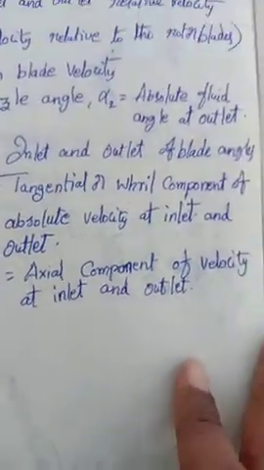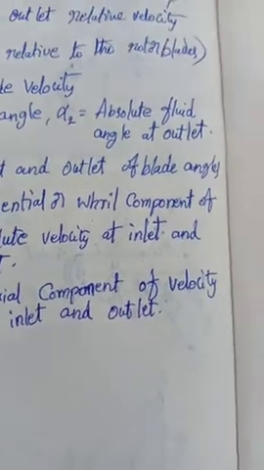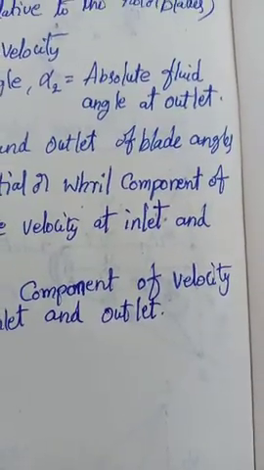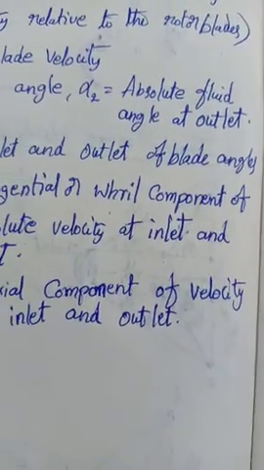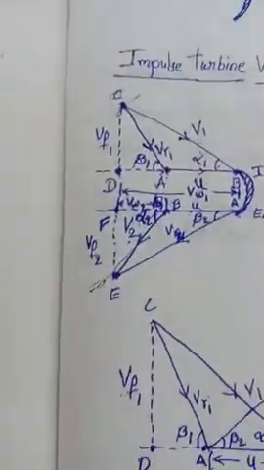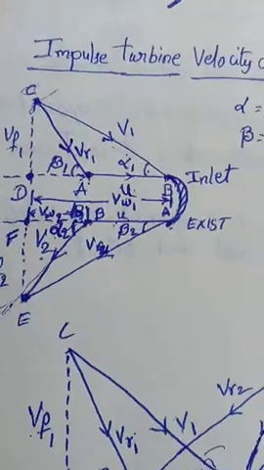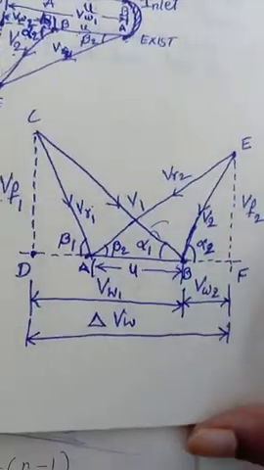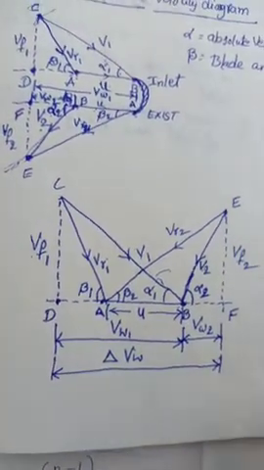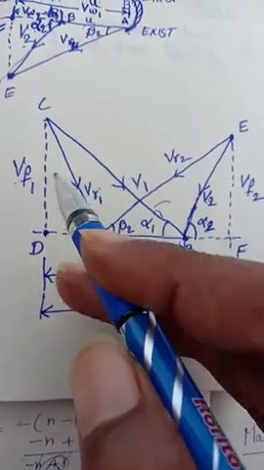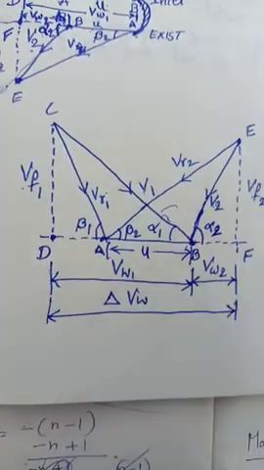Okay, so these all come from our velocity diagram. This is the velocity diagram for the impulse turbine.